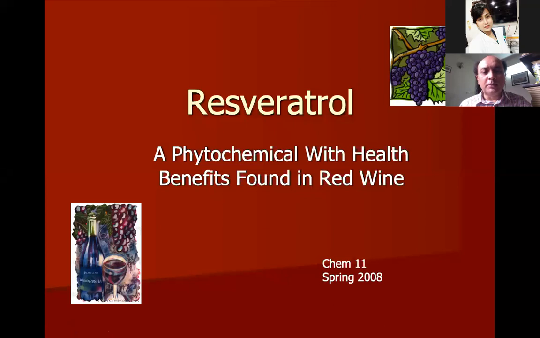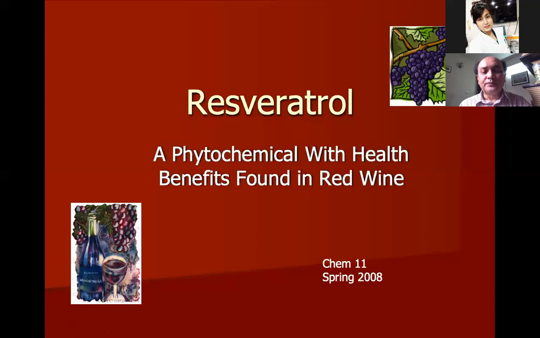The compound name is resveratrol. This is a very famous phytochemical. Resveratrol is a phenolic compound, a stilbene, discovered from a plant called grapevine.